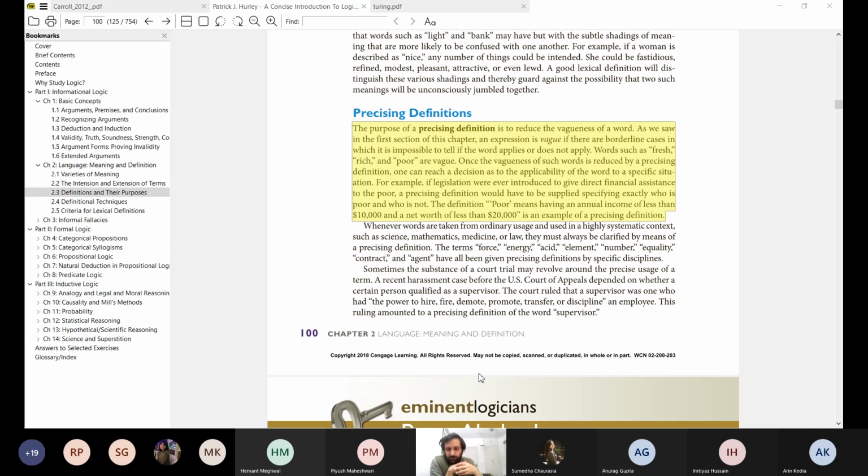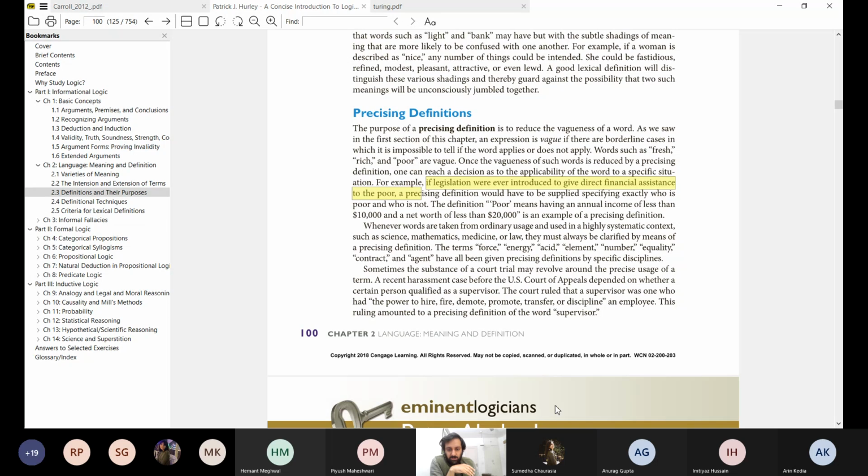And so it's often very useful to ask, what's the context that we're talking in? As Hurley's example says, this is a case where legislation is introduced to give direct financial assistance to the poor. And this is just an example.